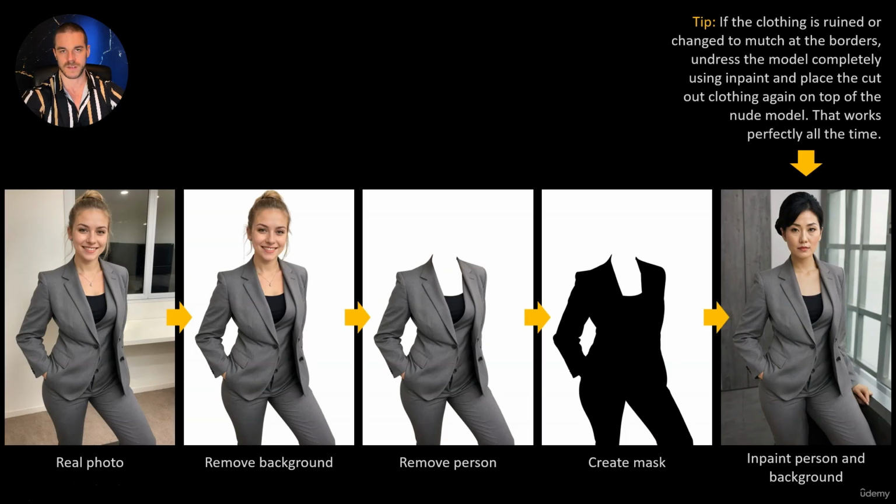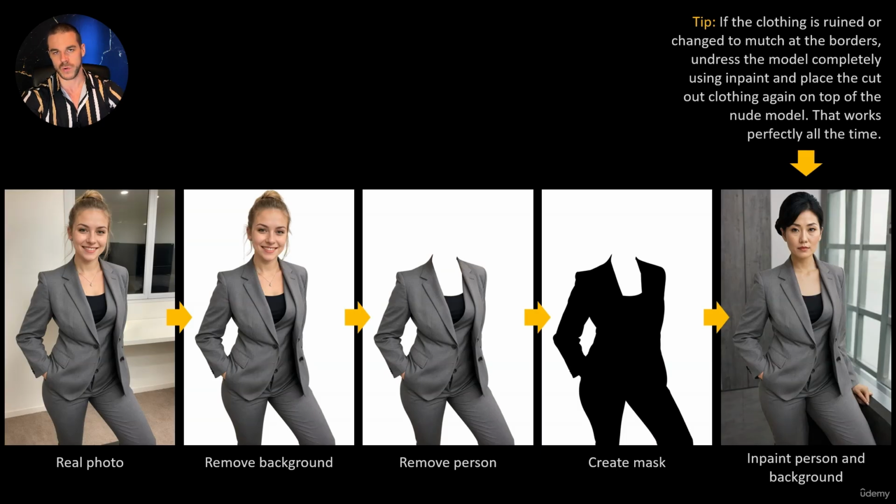Then you will get the same girl, the same face, the same background, everything, but the girl is completely naked. Afterwards, you go to an image manipulation program and you just place the clothing again on top of the naked body, and then obviously it fits perfectly. So this is how I work and how I can achieve perfect results.